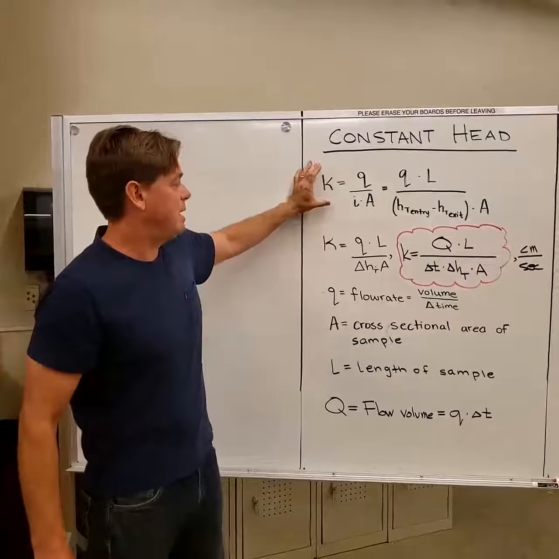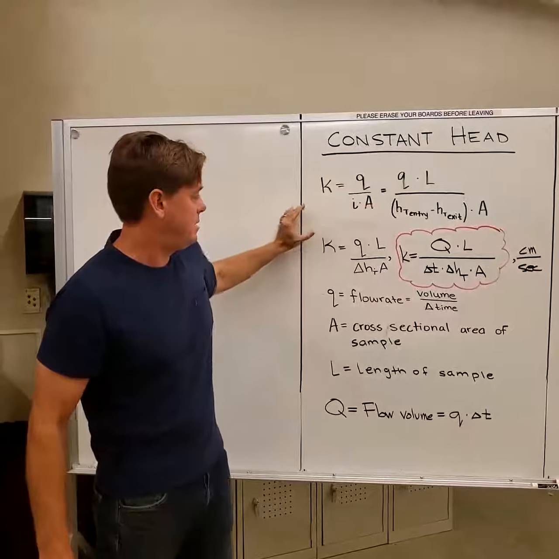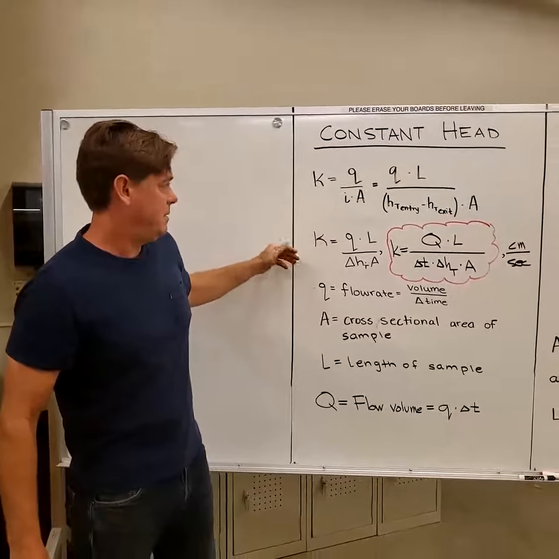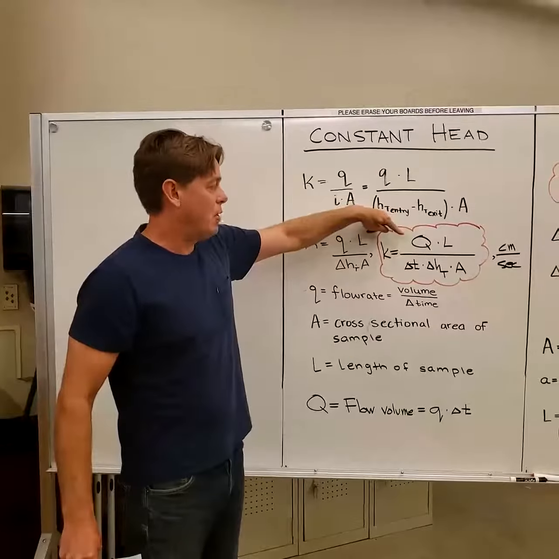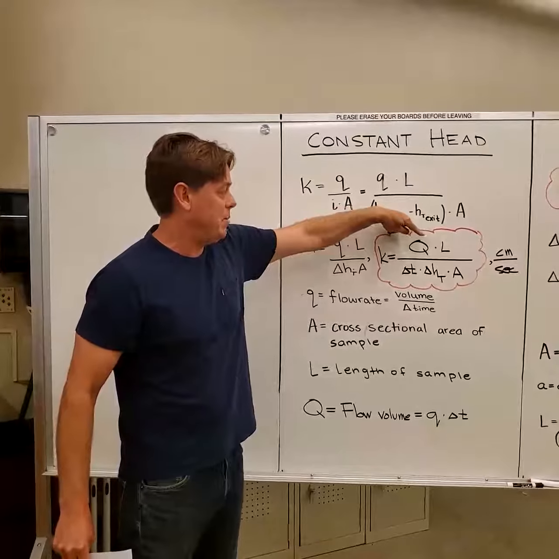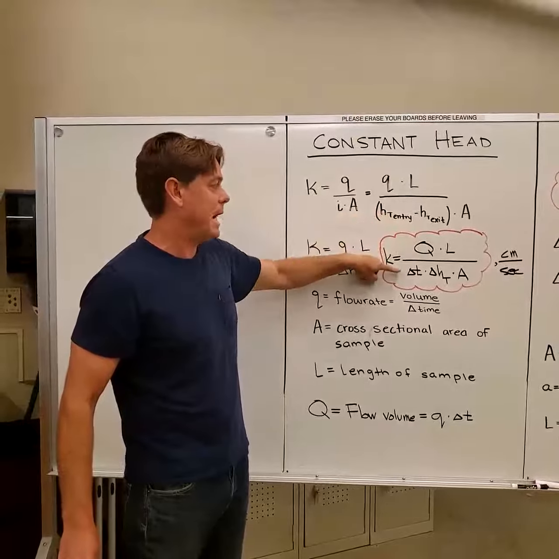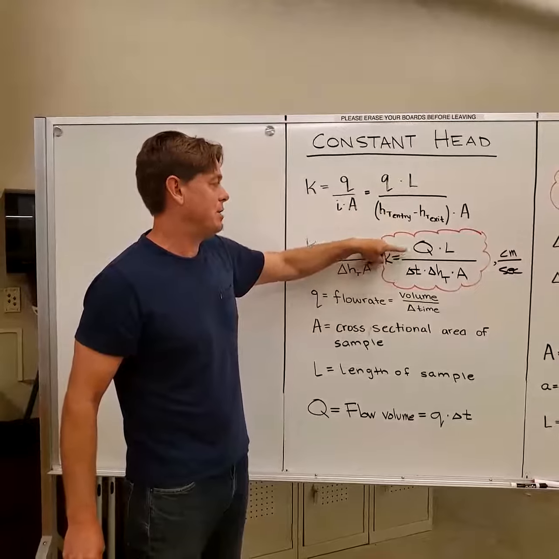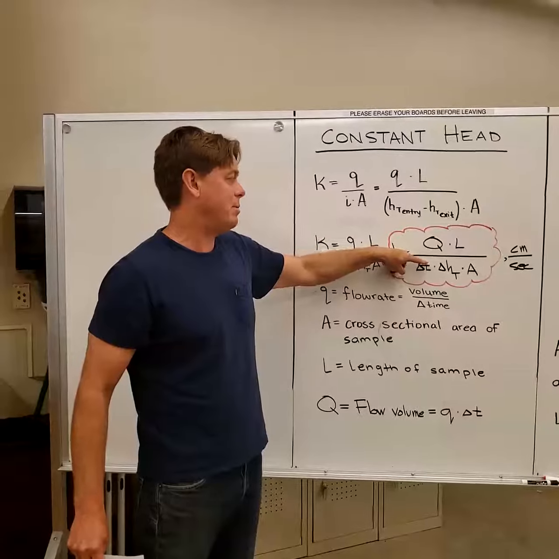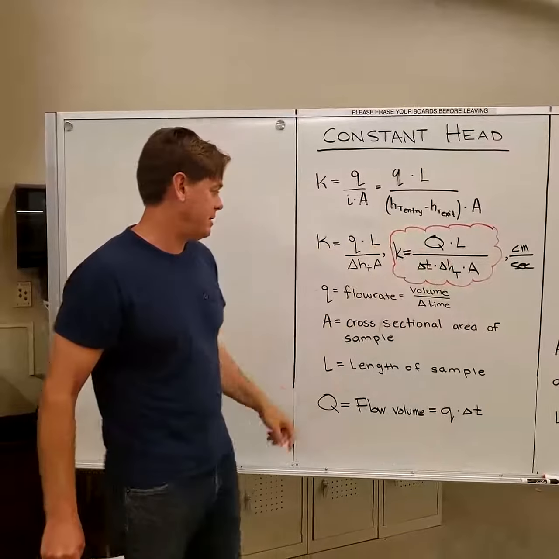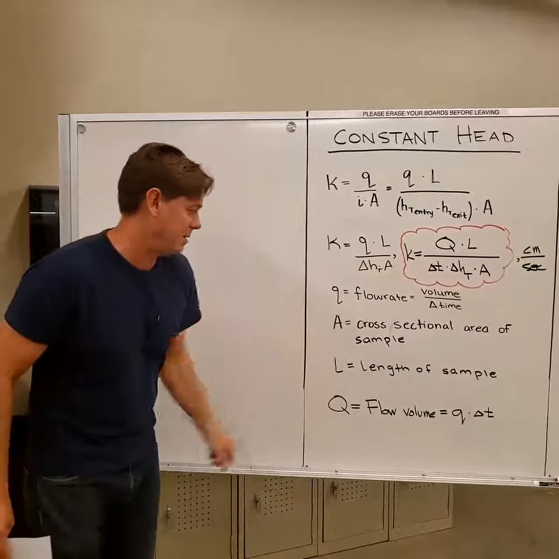That's what we've done here. The equation comes down to the flow volume times the length of the sample, divided by the time it takes to measure this flow volume times the head, the change in head across the sample, and the cross-sectional area of the sample. So that's all laid out right here.